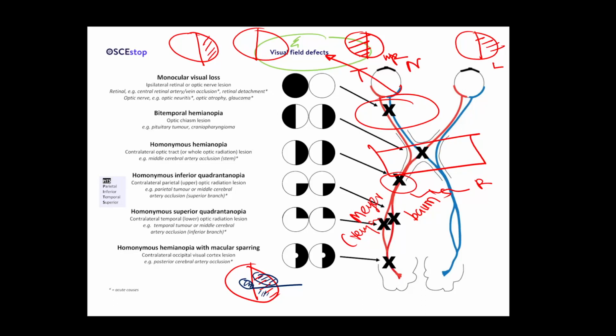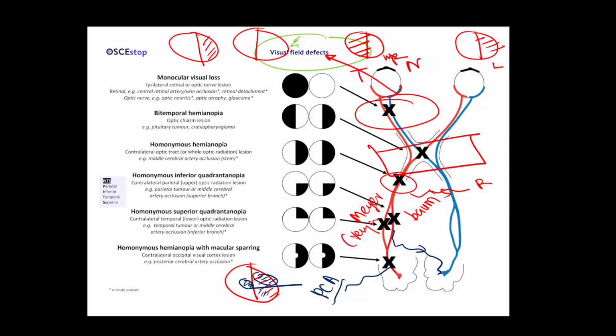So if the visual cortex is disrupted by an infarction, which is possible if the posterior cerebral artery is occluded, you would lose the field of the area that was provided by the optic radiation, but the macula would be spared because the fibers of the macula are sensed or perceived in a bilateral manner.